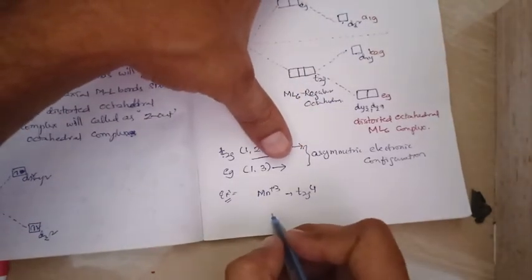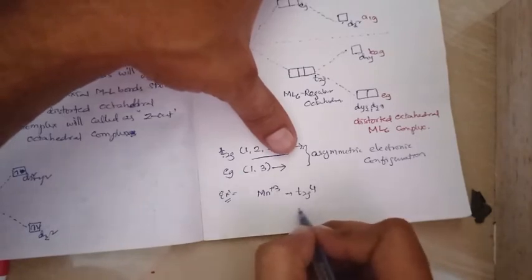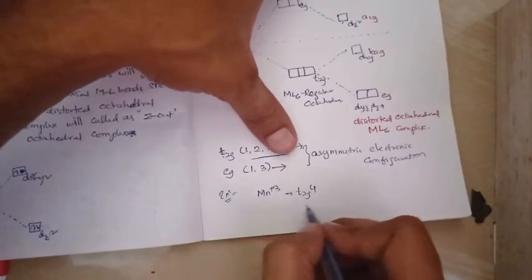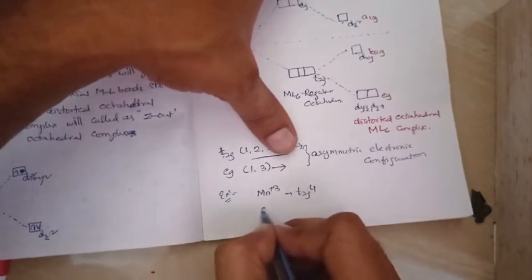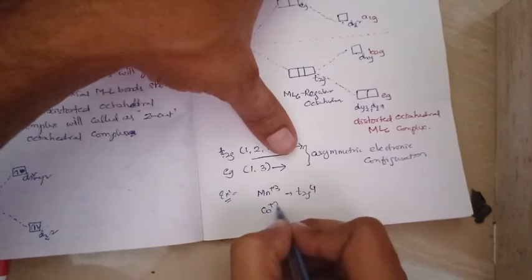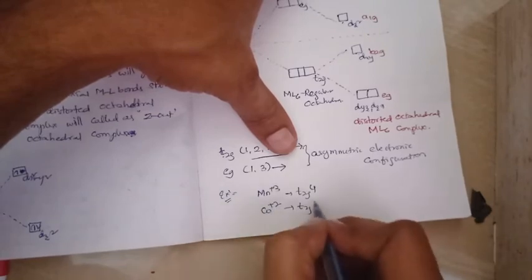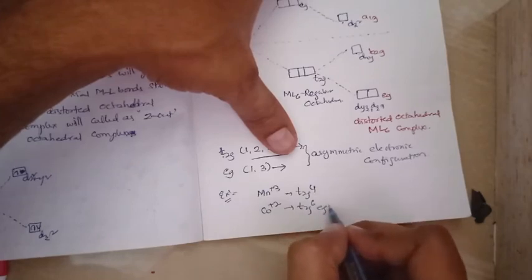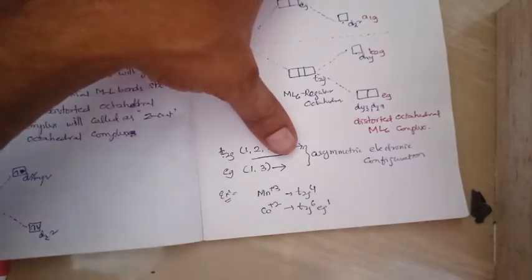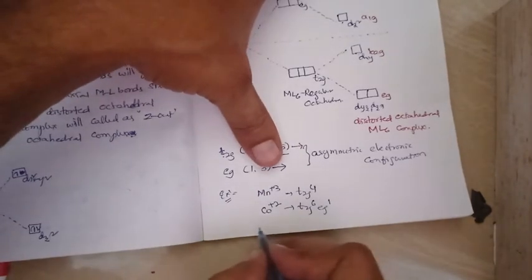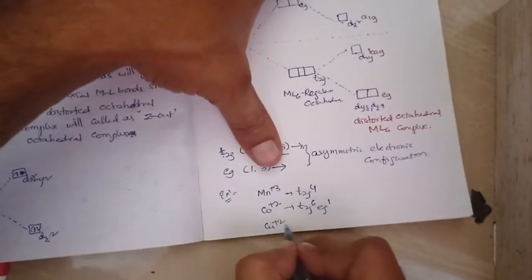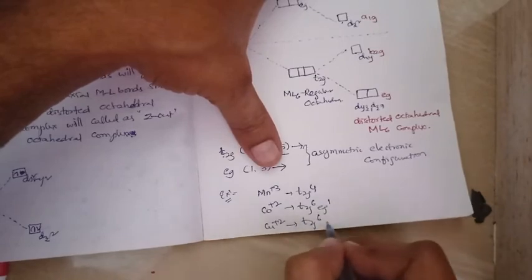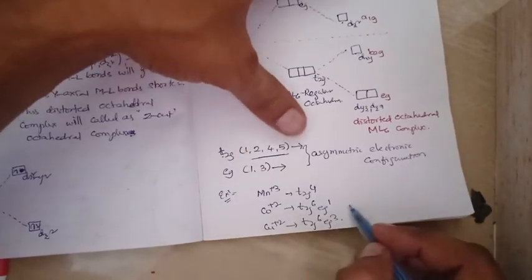And cobalt +2 has T2g6 Eg1, copper +2 has T2g6 Eg3, like that.